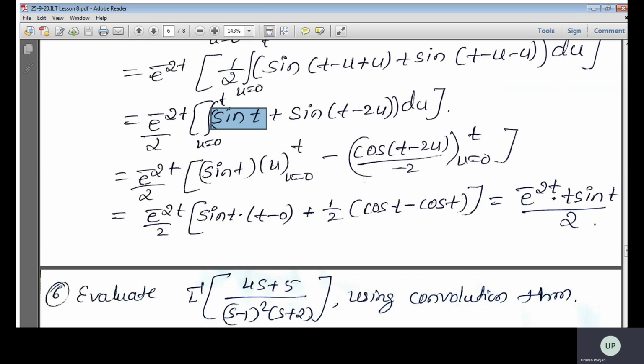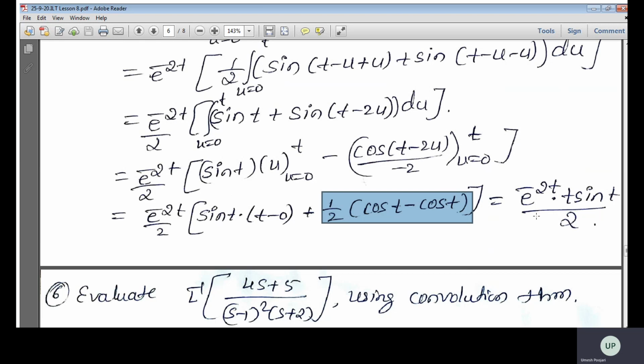Sin t as it is, u equal to t minus 0, minus into minus is plus, cos of t minus 2t is cos of minus t, but cos of minus t will be cos t, minus, when u equal to 0 we get cos t. So the second term is 0, so the remaining is t sin t into e raised to minus 2t divided by 2, which is the L inverse of the given function.